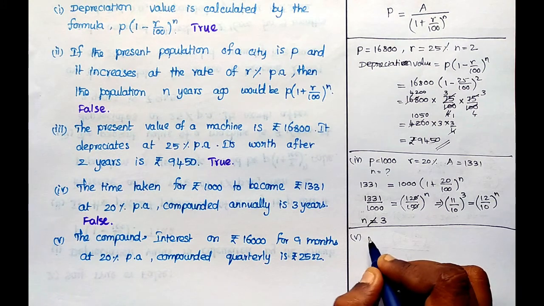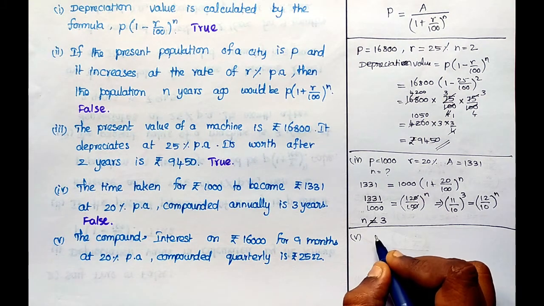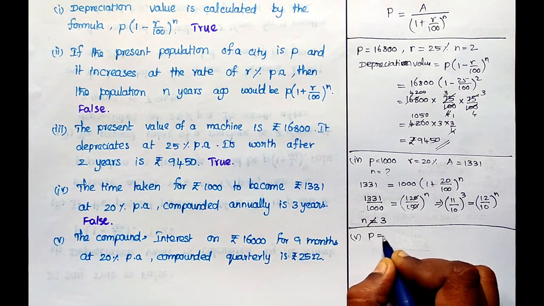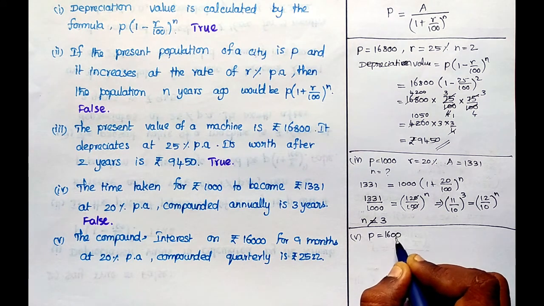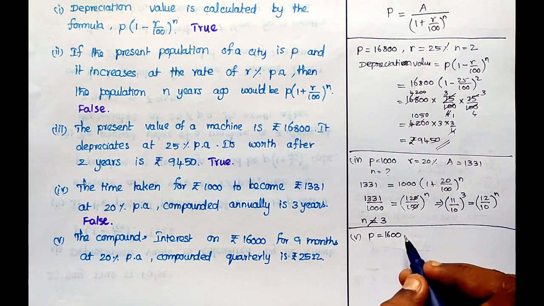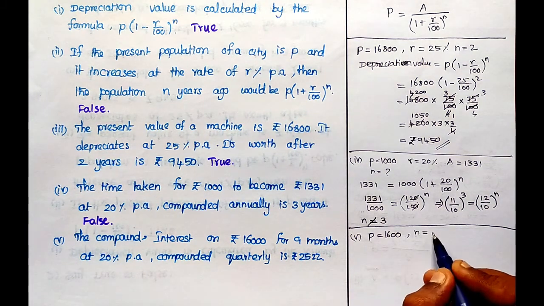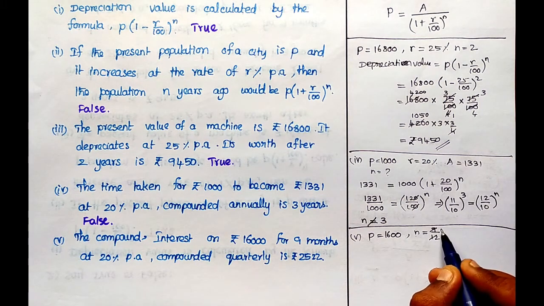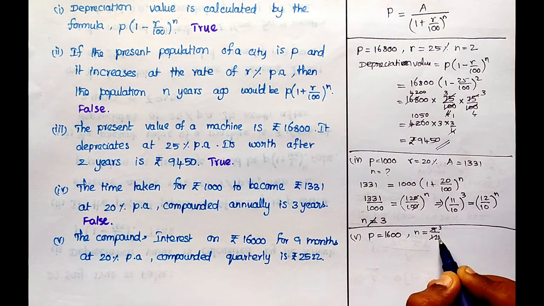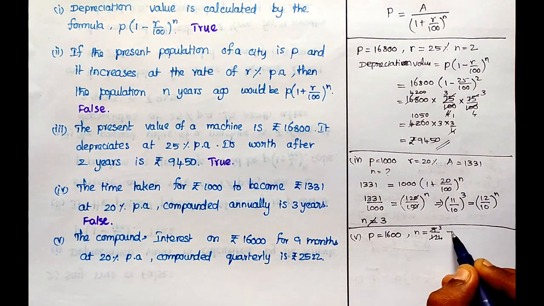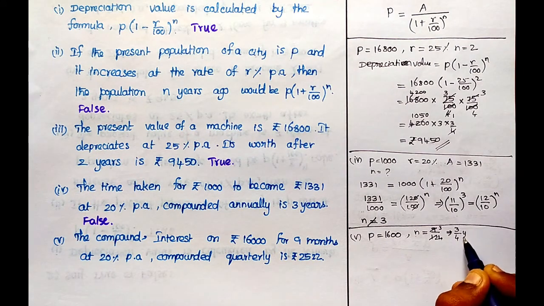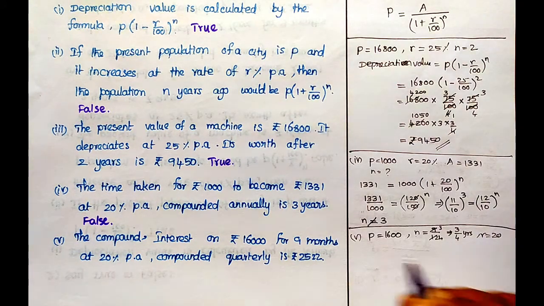So principal equal to 16,000 and n equal to 9 months, that is 9 by 12, cancelled means we get 3 by 4, that is equal to 3 by 4 years, and r equal to 20.